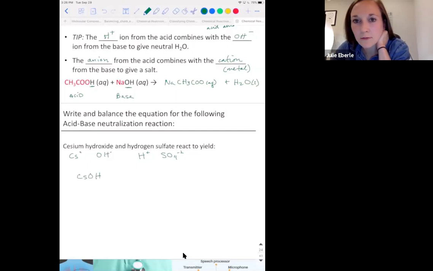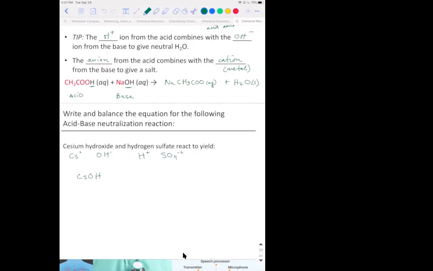That's cesium hydroxide. Is this the acid or the base? Cesium is the metal, the hydroxide is OH, so did we say that was the acid or the base? A metal hydroxide. It's the base. Yep, it's the base.